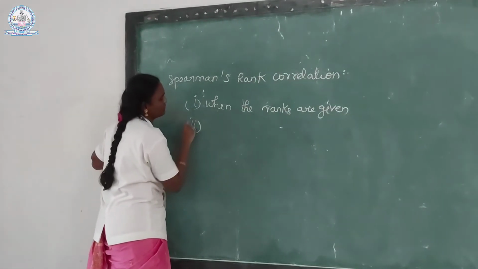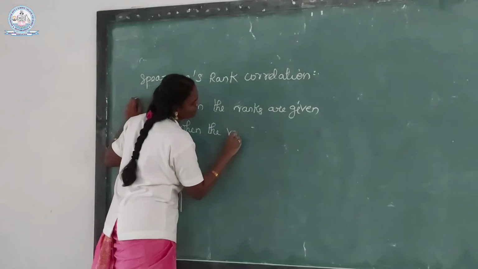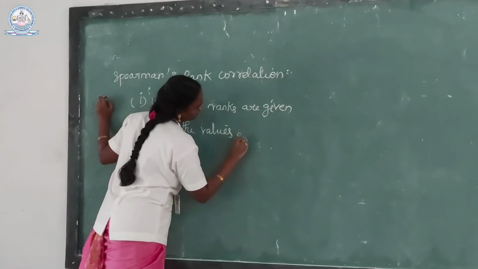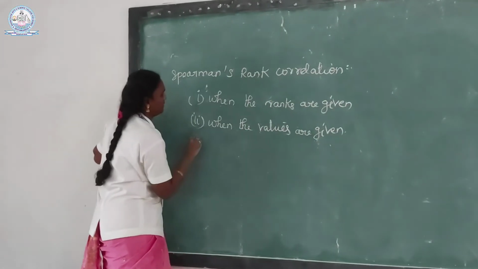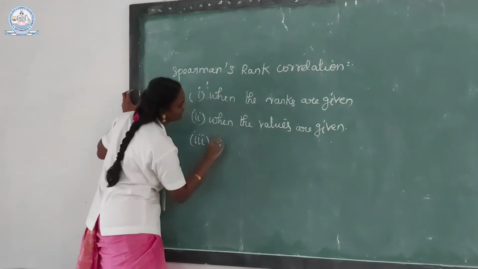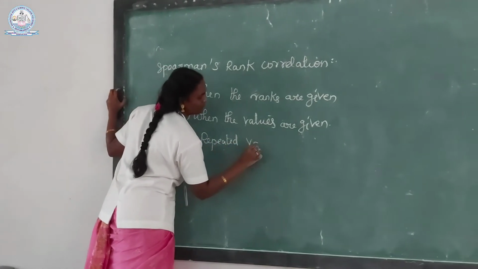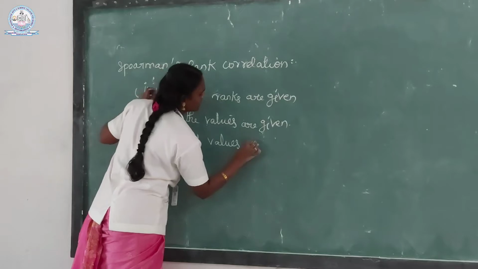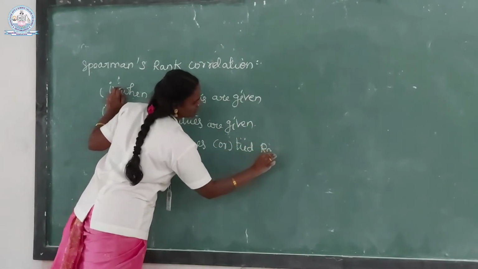The second case is when the values are given. The third one is repeated values or tied ranks.